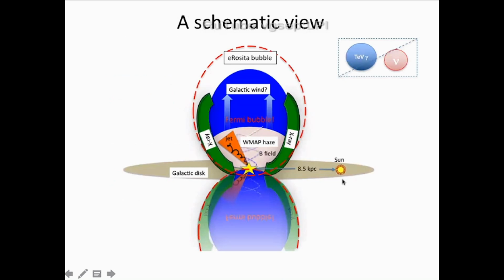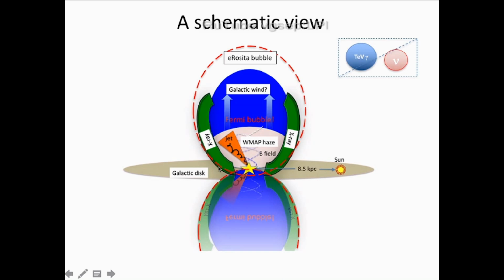All right, so let me put all the observational data together into this one schematic view. Here we have the blue showing you the gamma ray bubble, and then we have the less extended microwave haze. And then revealed by the earlier ROSAT mission, we have these X-ray arcs embracing the bubbles, although extending to lower galactic latitude.